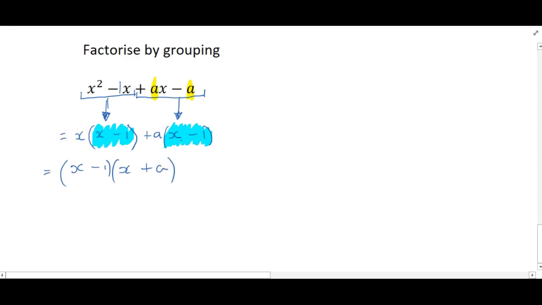Even though this is in brackets, it's only partially factorised, so you need to go that extra step. In a test, you'd probably get half marks. It should say fully factorised by grouping. So that's the answer to that. Have a go at some of the questions in the book, and good luck.